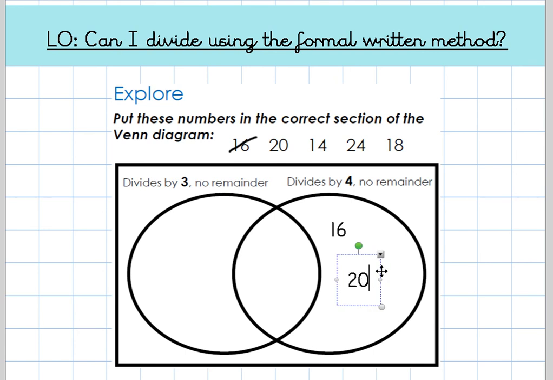So I'm going to put that in here. We then move on to the number 14. Now, 14 is not in the 4 times tables. 14 is also not in the 3 times tables, which means it has to go on the outside, because it doesn't match any of those descriptions.